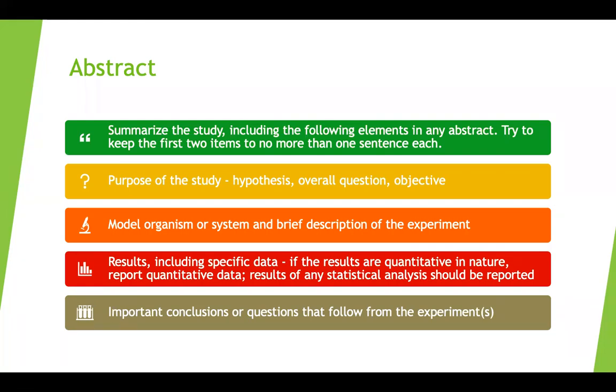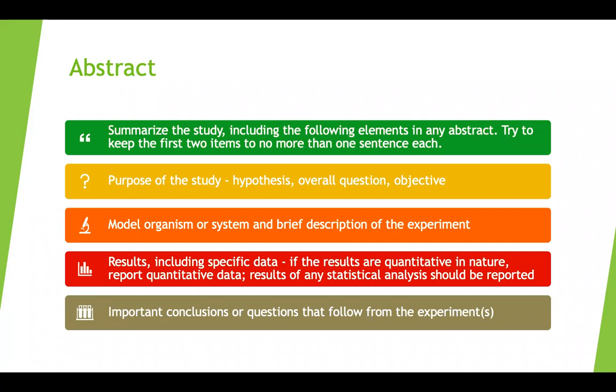It may include the hypothesis, the overall question, or objective. This should be included in any form, whether you are constructing a hypothesis, or there are some questions or objectives that you try to answer in your study. That should go into the abstract of the study.